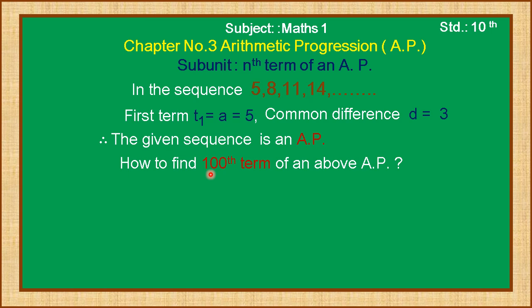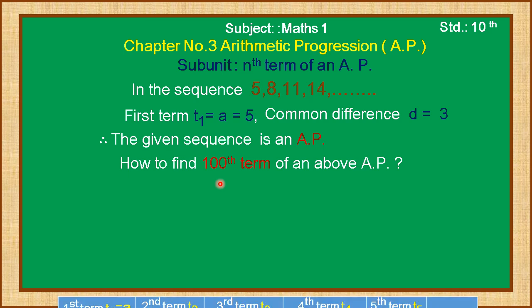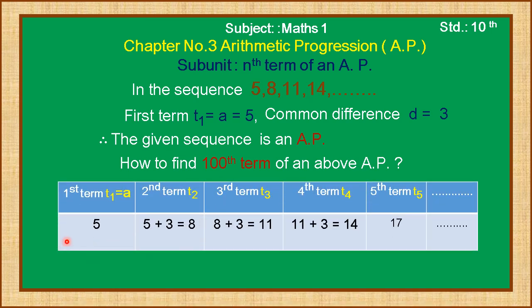There is an easy method to find any term of the given AP. See here, the first term is 5, T1 is equal to A. Second term, how to get the second term? We add the constant 3 to the first term 5, and you will get the second term 8.